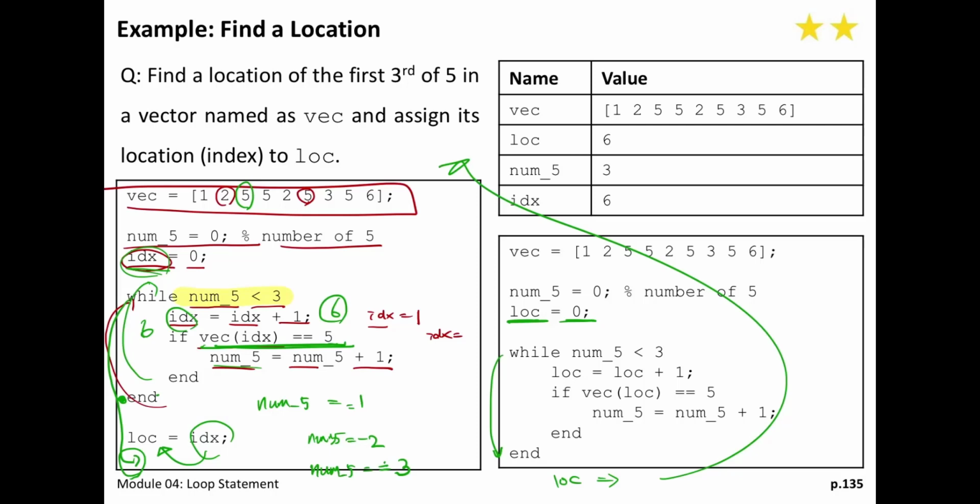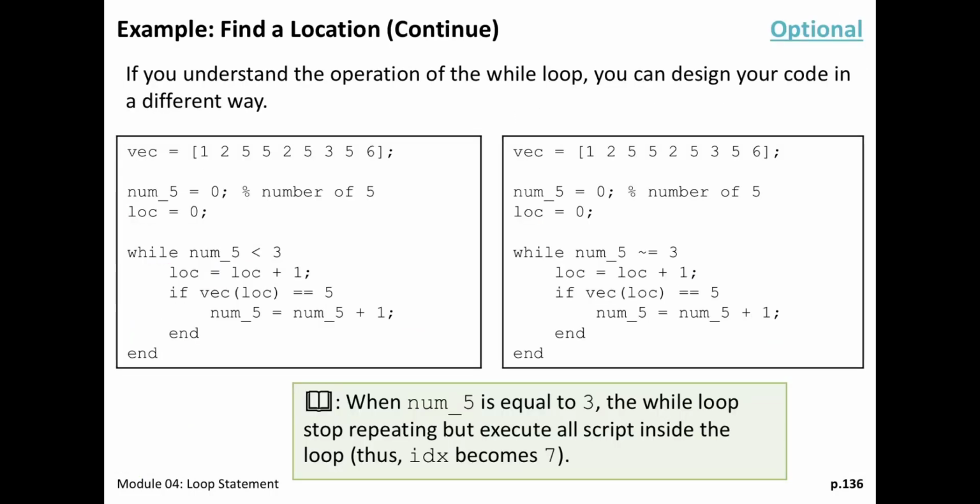Okay. So we can design a different condition statement for the while loop. This is the code from the previous slide. This is the new code. Okay. Think about it. This condition statement is num5 is less than 3. Do this iteration for detecting when num5 becomes 3, right?